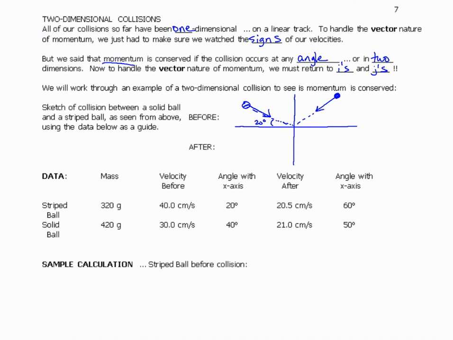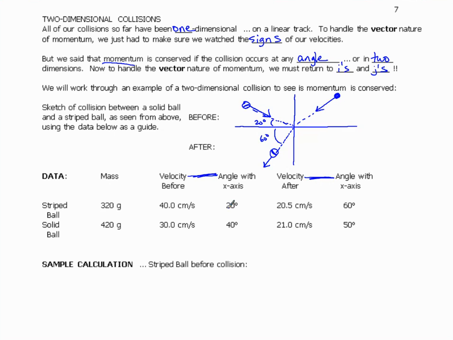Afterwards, it has a velocity of 20.5 centimeters a second, and its angle is going to be 60 degrees. So it's going to look something more like this. This is 60. Here's the ball, and it's moving off in this direction a little slower. So these two go together, and these two go together.